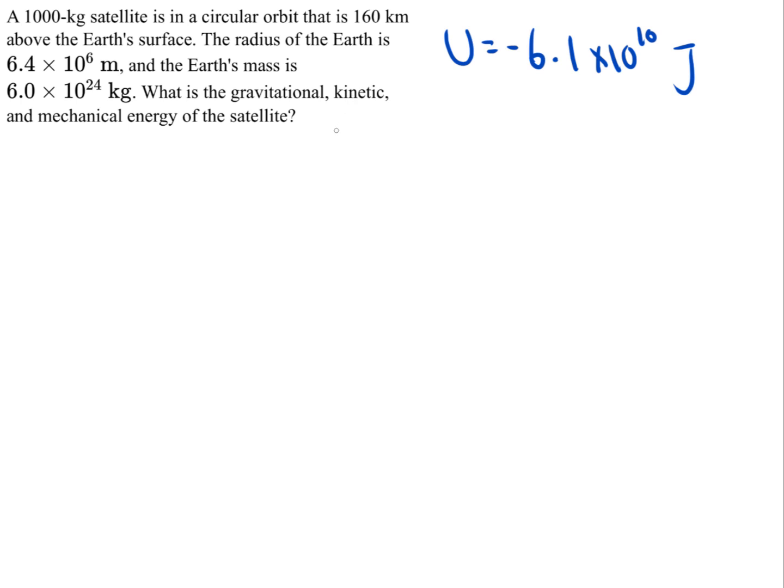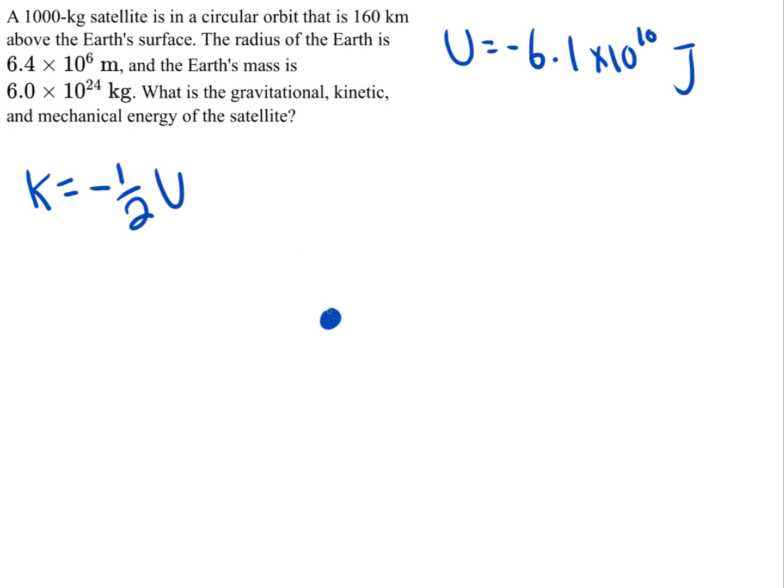Now it asks us for the kinetic energy. If you remember, the kinetic energy is equal to minus 1/2 times the gravitational potential energy. And this simply stems from a satellite being in circular motion.